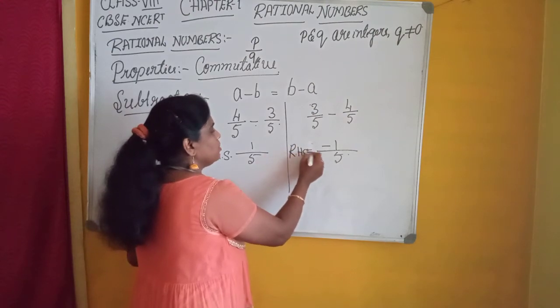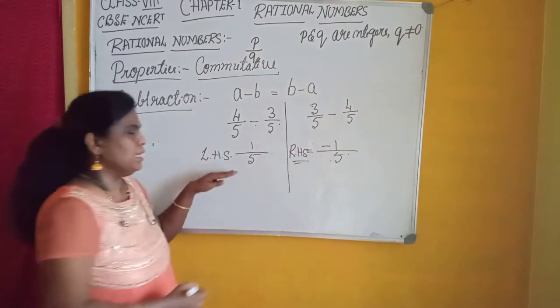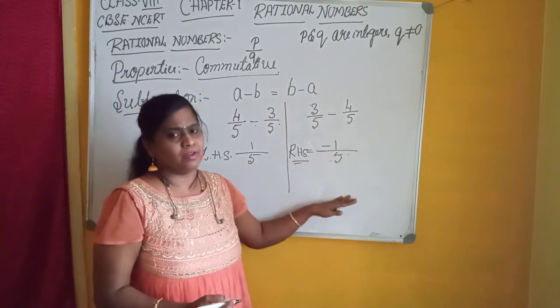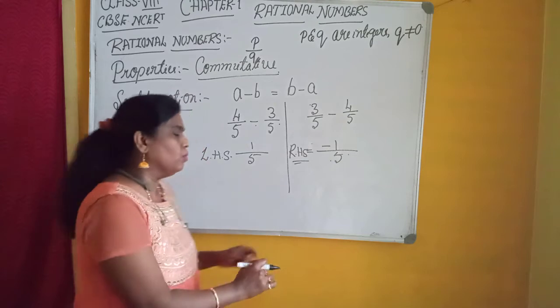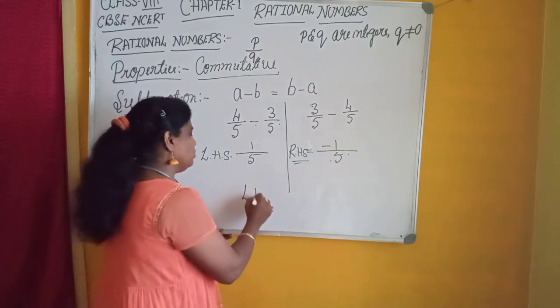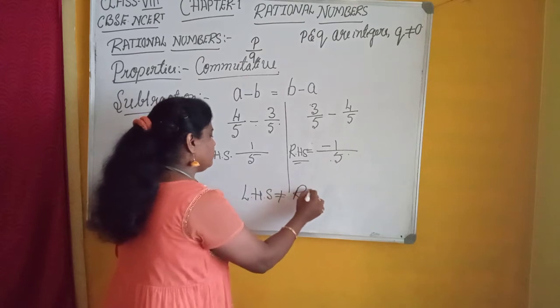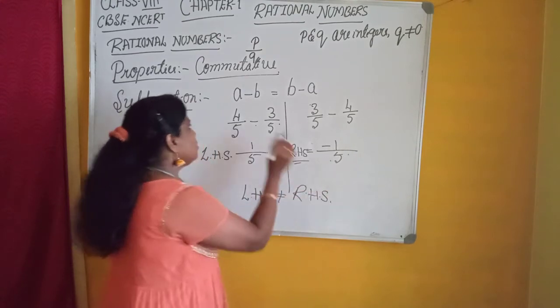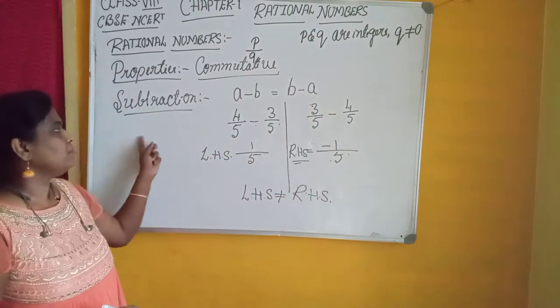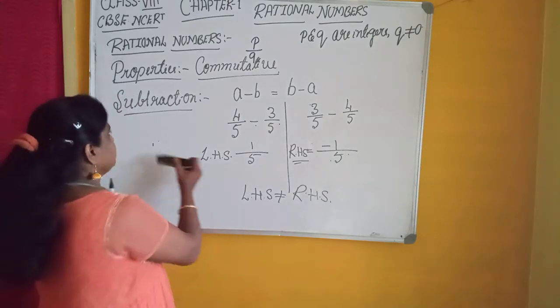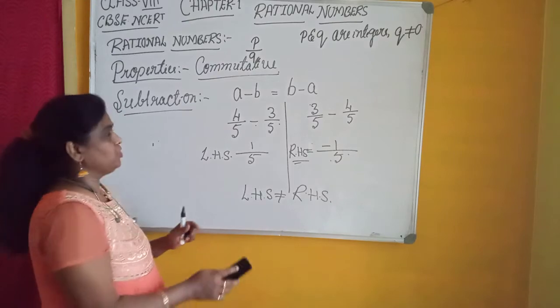The LHS is 1/5 and the RHS is -1/5. Those are not equal. LHS is not equal to RHS. Therefore, the commutative property of subtraction does not hold good for rational numbers.